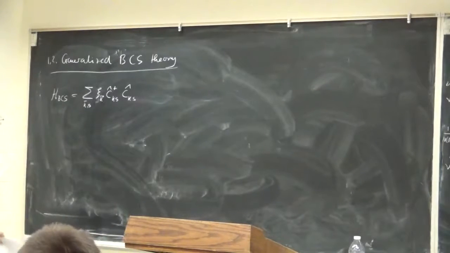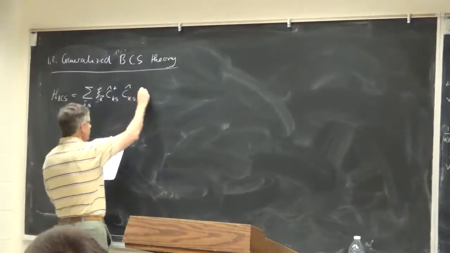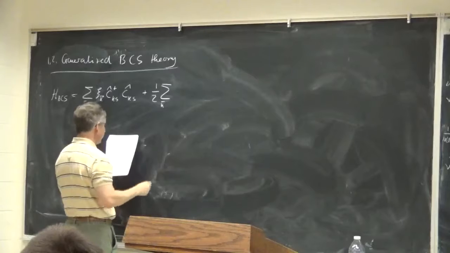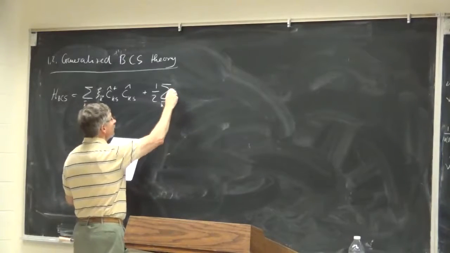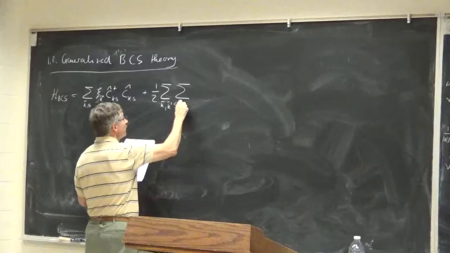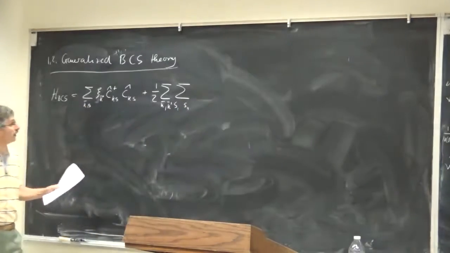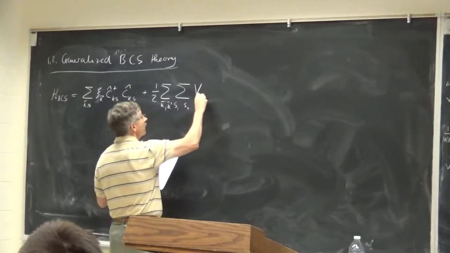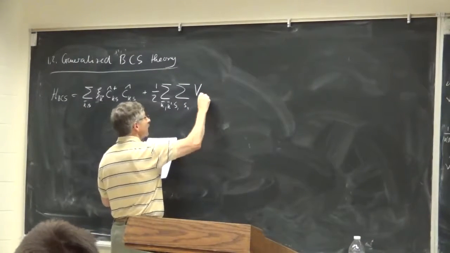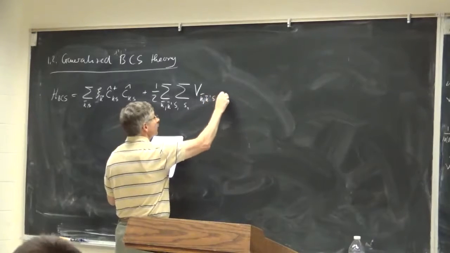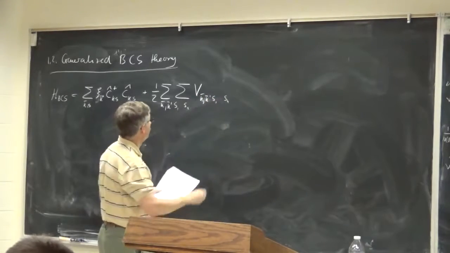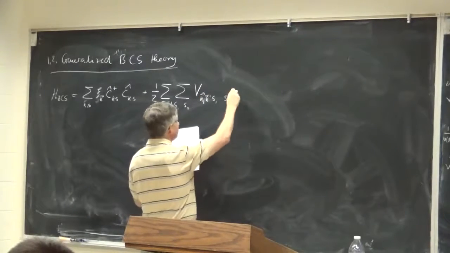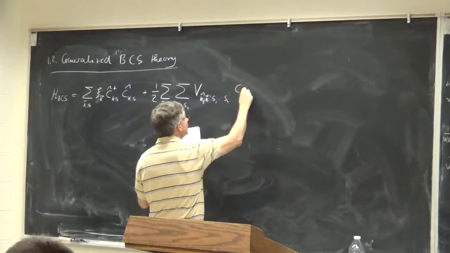So we have kinetic energy, and now I introduce here a general form of pairing interaction, where I restrict myself to just Cooper pair scattering. And the matrix element here has, beside momentum, also spin indices in general.